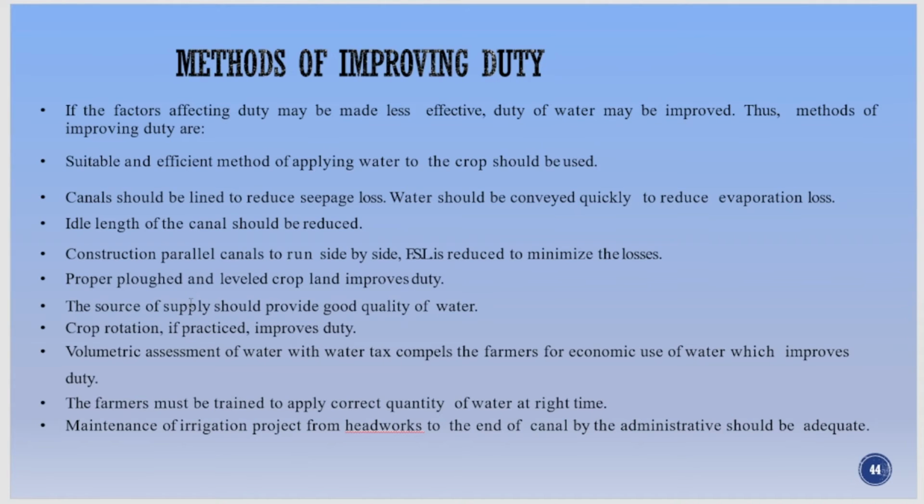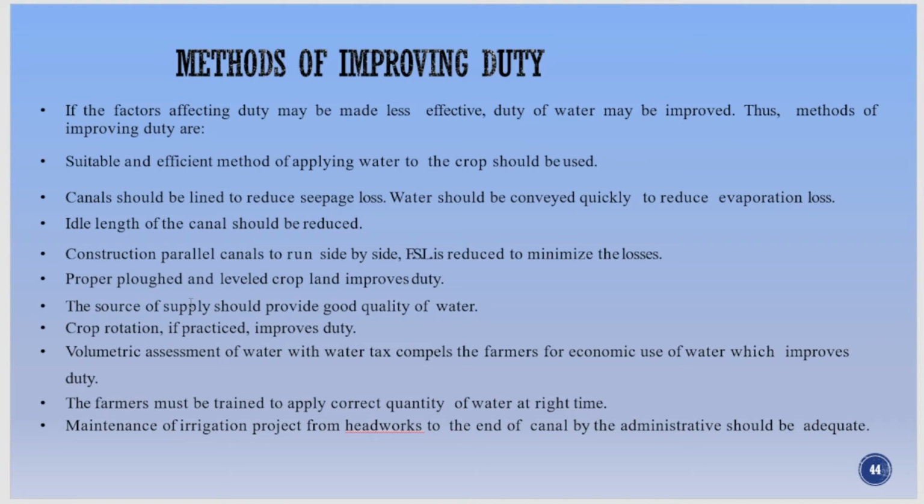Other than this, as I have already explained, there are climatic factors: if there is proper rainfall, an optimum amount of water will be stored in the root zone, so less water needs to be applied from irrigation. Other factors are the type of soil, and the type of crop we are growing, whether it is grown for only 2 months, 4 months, or an entire year. These all depend on the irrigation requirement.